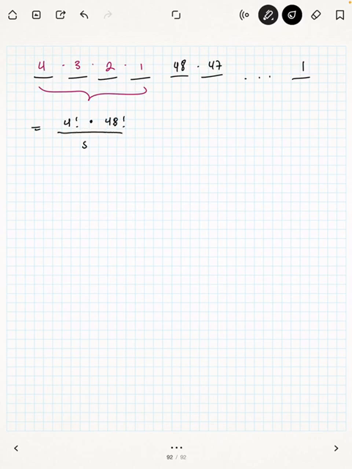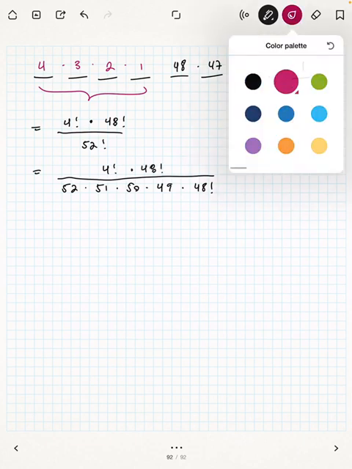divided by 52 factorial. And remember that we said that we might find it helpful to split up the factorials in terms of their smaller nested factorials. So let's split this up into 52 times 51 times 50 times 49 times 48 factorial, and that's where we'll stop. We're allowed to do this. The reason why that might be helpful is because now we can cancel the 48 factorials.